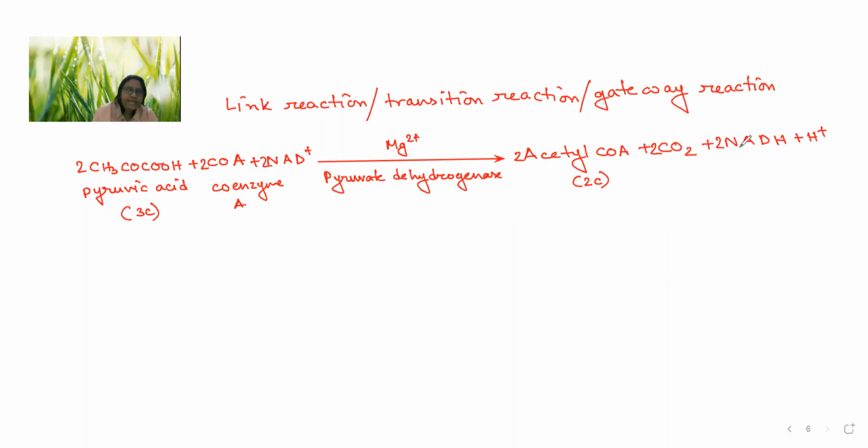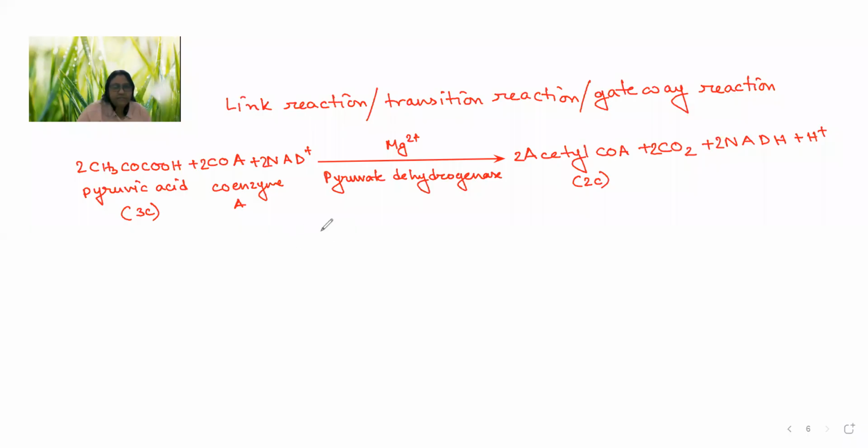So the NADH produced by this will go to the electron transport system, and as I said, from one NADH plus H plus molecule, 3 ATPs are produced. That means there will be production of 6 ATP by this process.